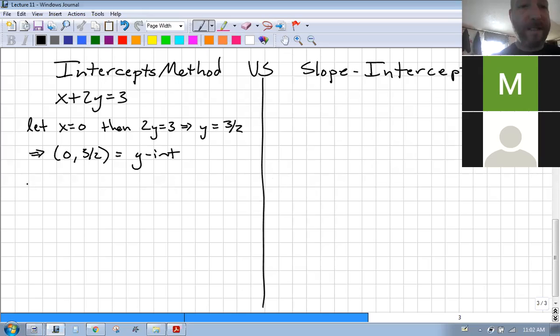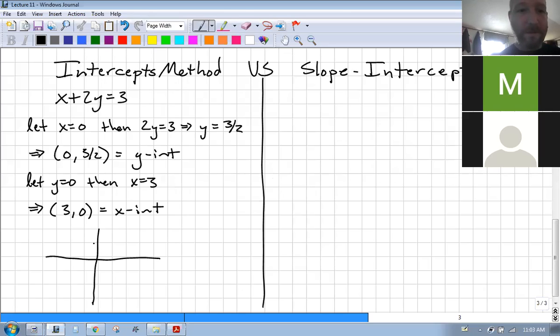Then you'd find the x intercept by letting y equal 0. If y is 0, we have x equals 3. So 3, 0 is the x intercept. And then you graph those 2 intercepts.